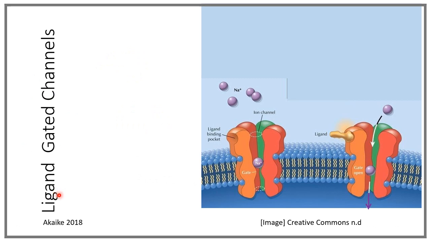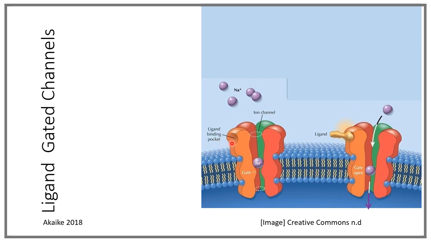Let's turn to our second channel type, and that's the ligand gated channel. In the first position of the channel, here's the lipid bilayer again with the hydrophilic heads and the hydrophobic tails, the cytosol side, the extracellular side. We've got more sodium on the extracellular side, just as before.